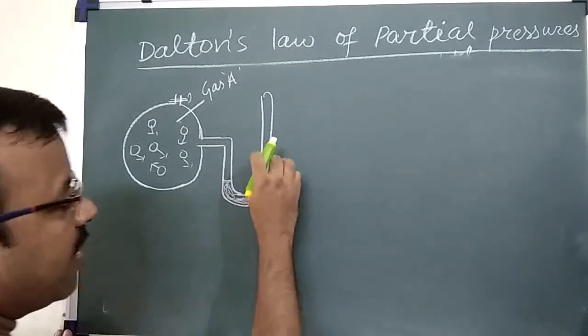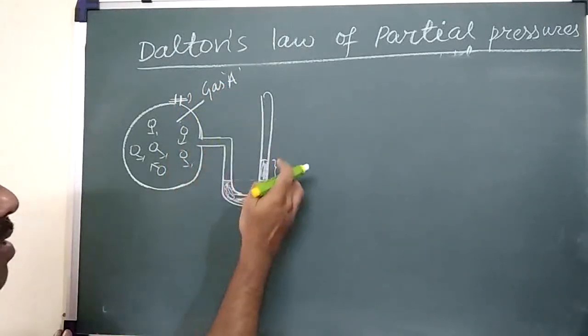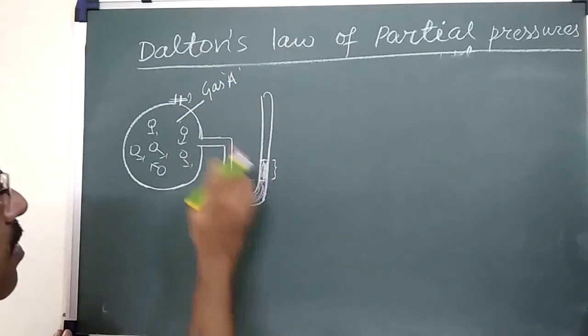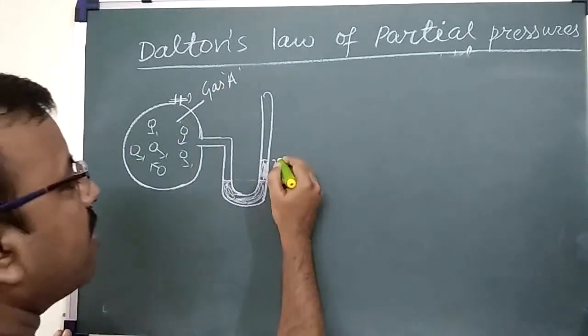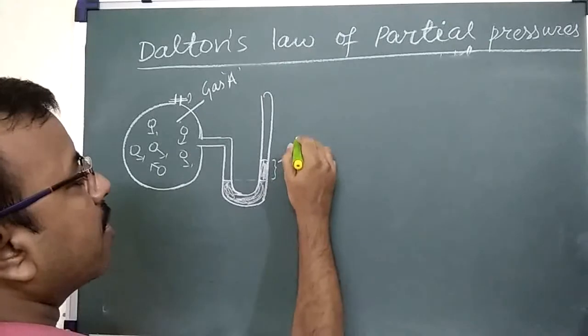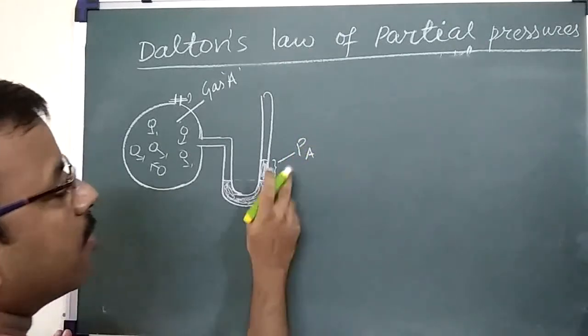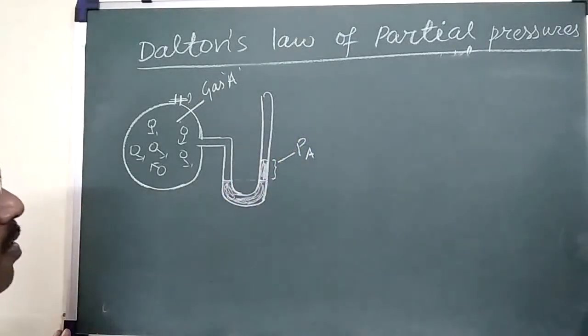Let this indicate the pressure of this gas, and this pressure is called the partial pressure of A, because here A is alone. Let the partial pressure be indicated by PA, partial pressure of A.